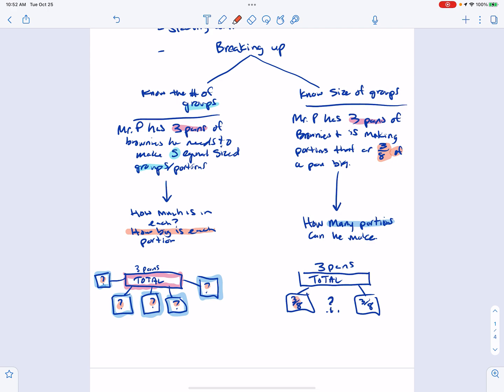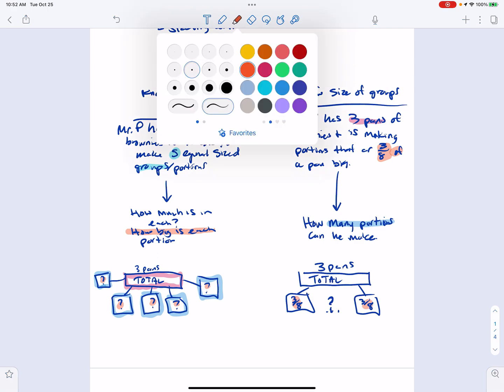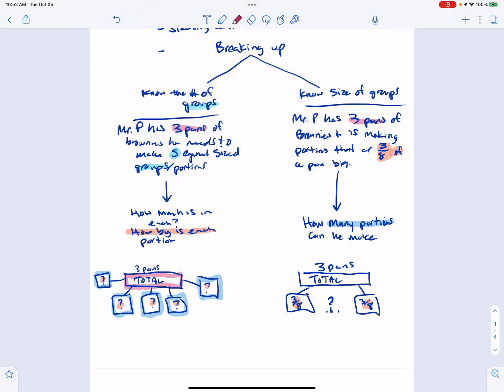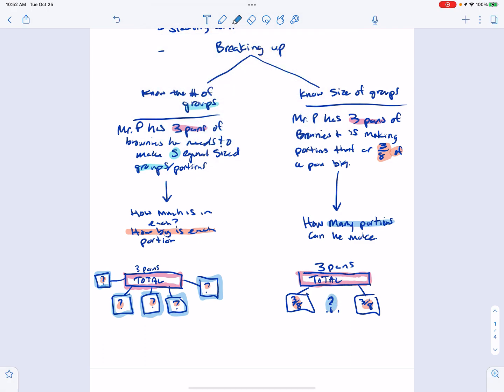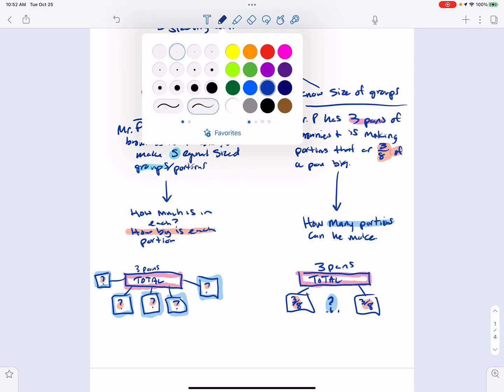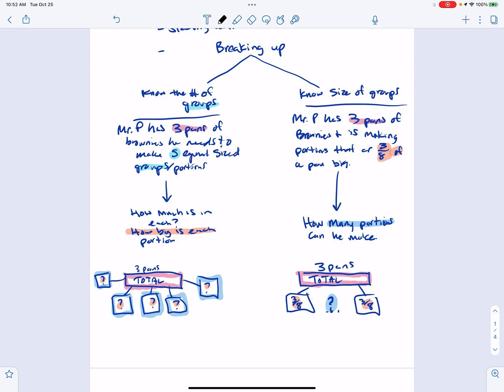So we do know this piece, the number in each. We still know that total, but we are just then looking for how many of those groups you would break it apart into. So mathematically, in these two scenarios, because we know it's division, because you are starting with your 3, you're dividing it into 5 equal-sized groups, and that's going to get you your answer.